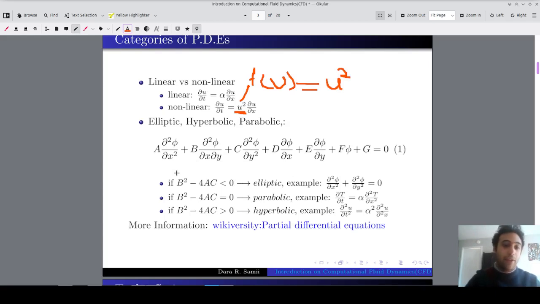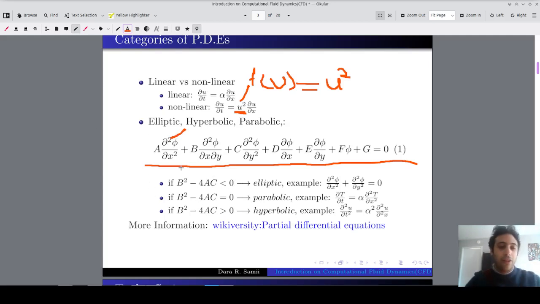We will see this much more in future when we are going deep through defining the algorithms to solve these equations. And we separate equations by three parameters. So let's see equation 1. This is the general form of a PDE with a degree of 2. We do not go to upper degrees like 3 or 4.